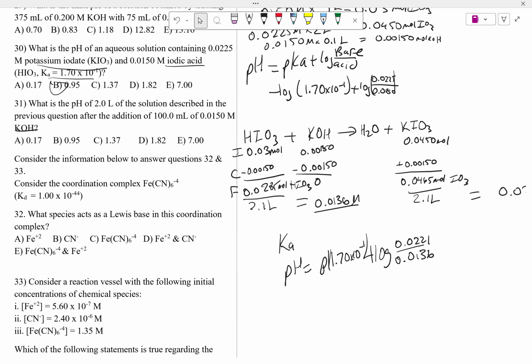You're not decreasing volume for HIO3. Okay, let me see. On your enter key, you changed the concentration to 0.150. Ah, 0.150 for KOH.